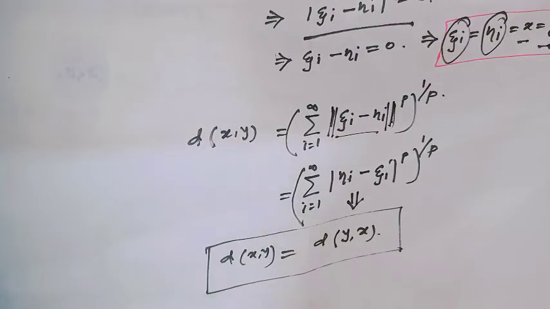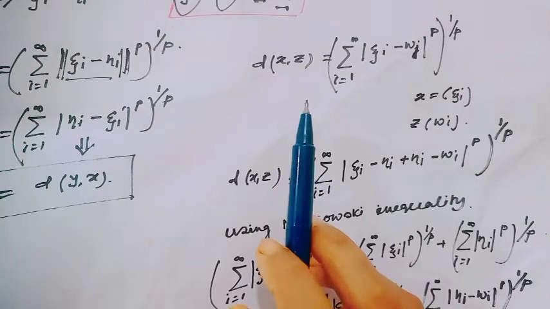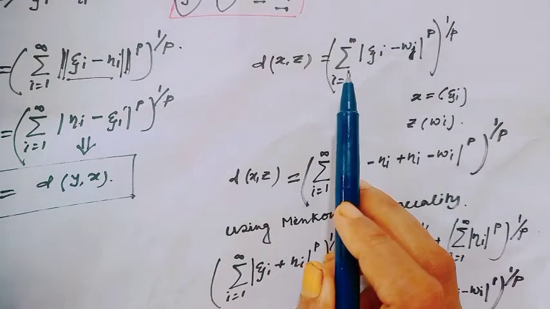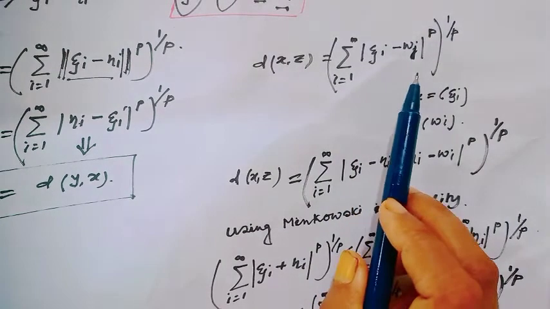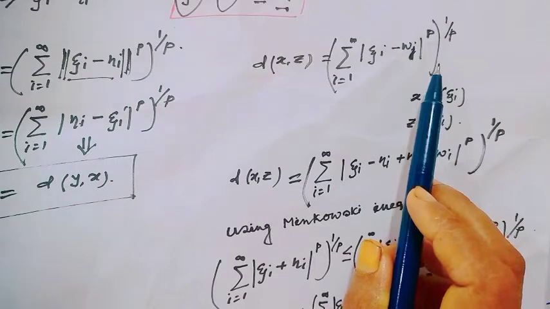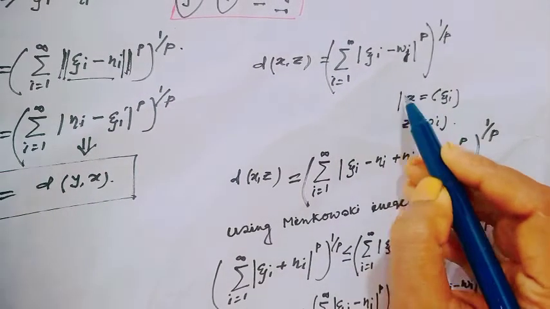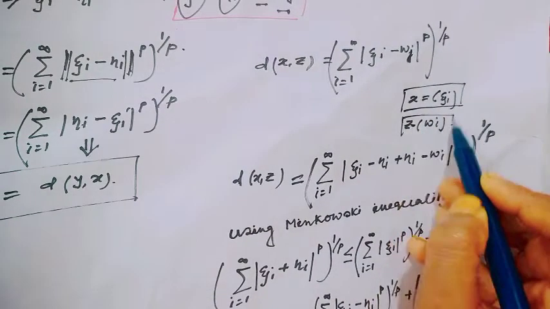Okay, now I will see the triangle inequality. For the triangle inequality, consider d(x, z) equals the summation from i equals 1 to infinity of |xi_i minus omega_i|^p, to the power 1 over p. Here consider x equals (xi_i) and z equals (omega_i).